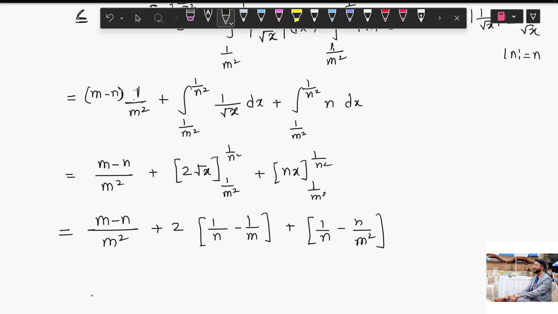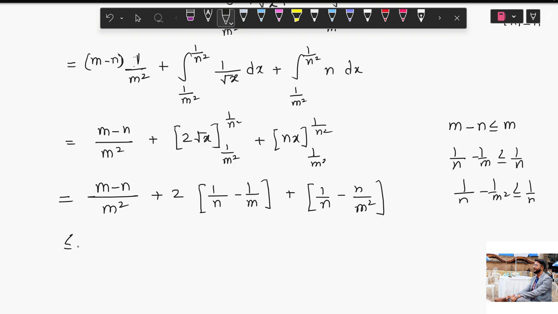Now note that m minus n is always lesser than m, right? 1 by n minus 1 by m is always lesser than 1 by n, and 1 by n minus n by m square is again always lesser than 1 by n. So I'm just using these three inequalities.